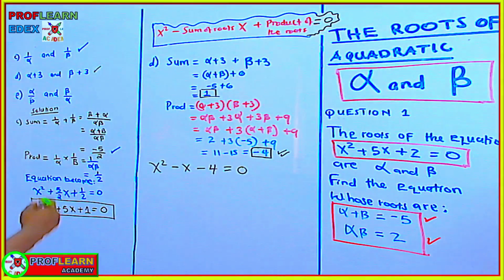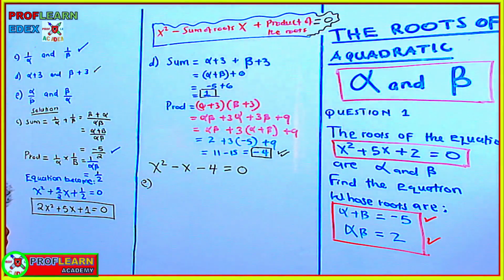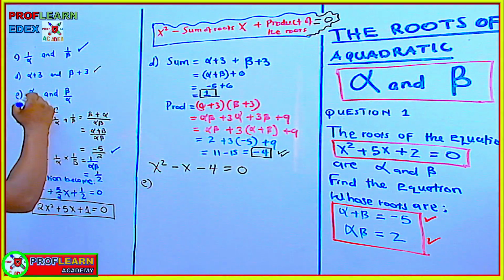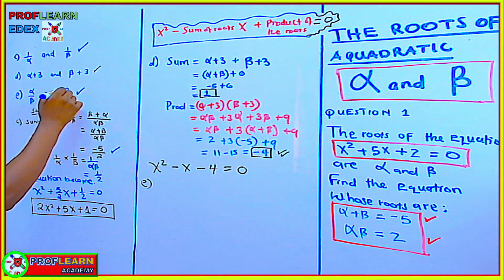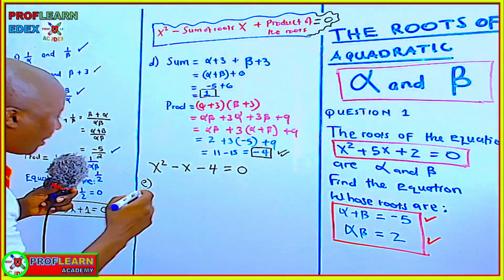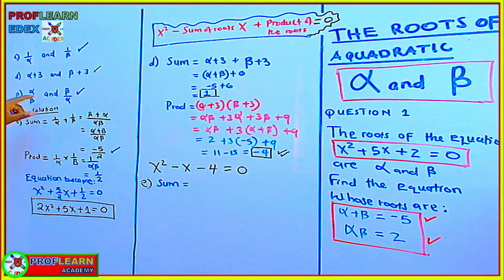We are almost done. Now we have this one, E, and in E we are told that the roots are alpha over beta and beta over alpha. So we need to find the sum. What is the sum of these two roots that I provided here?